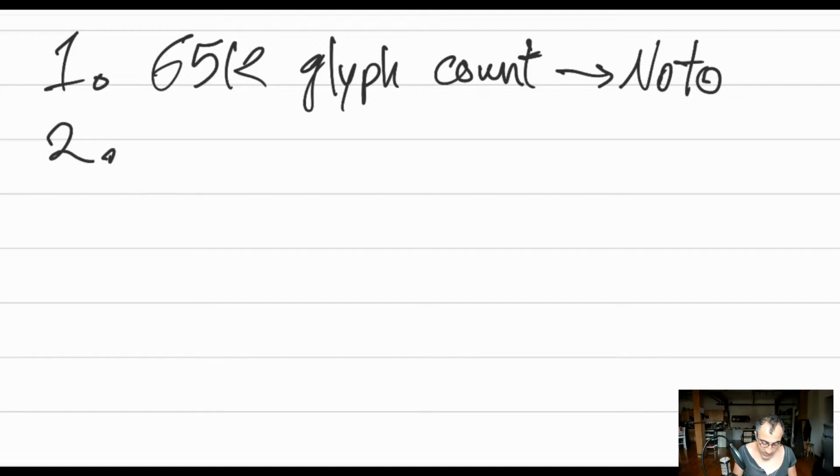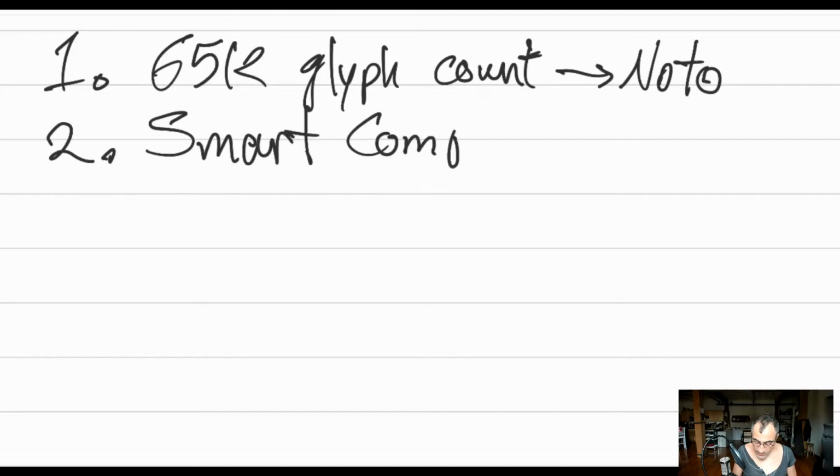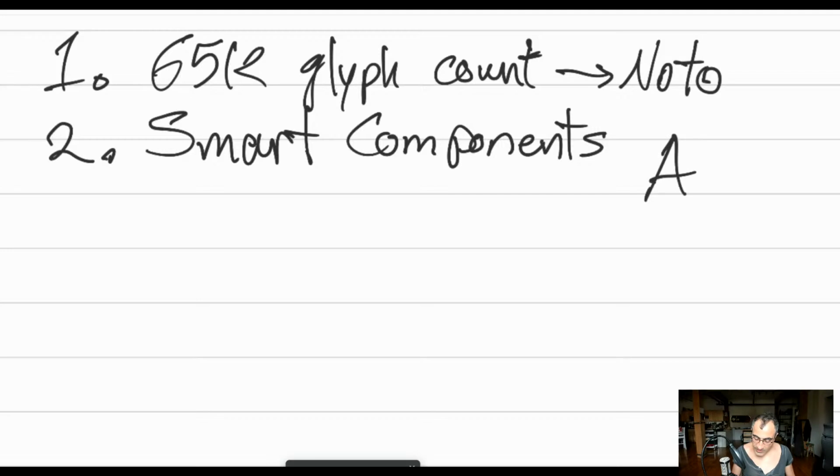Another issue is, let's call it smart components or just better components. As we will see in font design, there's a lot of image or shape sharing. For example, if you have an A with an accent, ideally you want the font to know that this is the same shape as the A itself, and there'll be some sharing. Now, font designers have been designing like this forever. Newer font editors also allow for something called smart components.